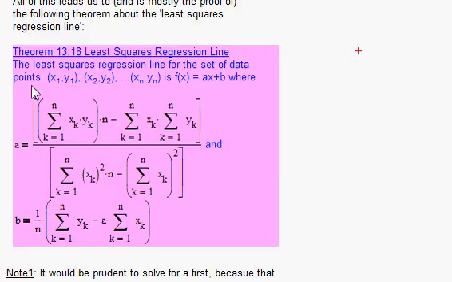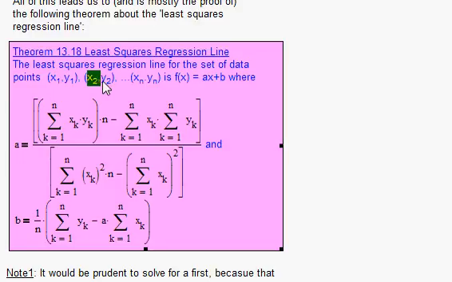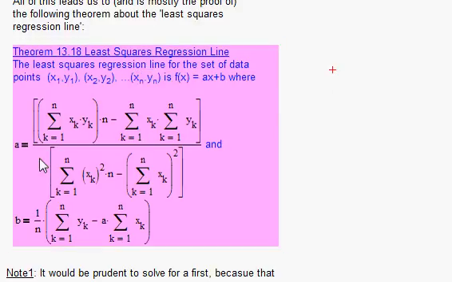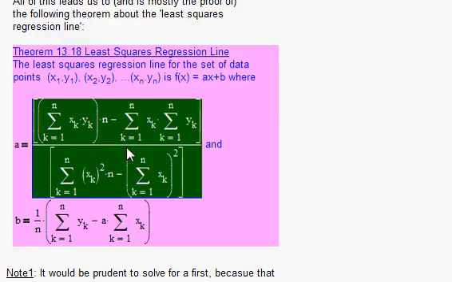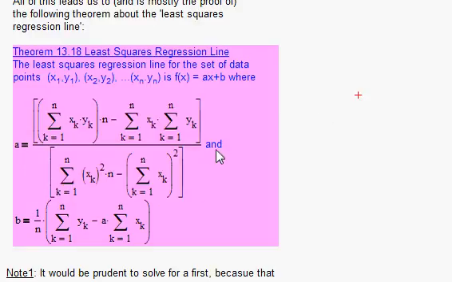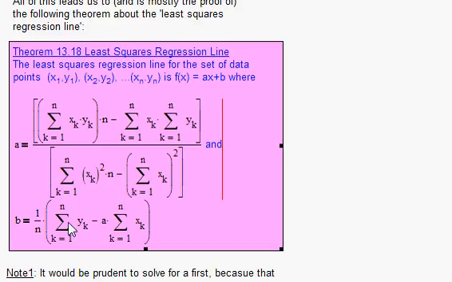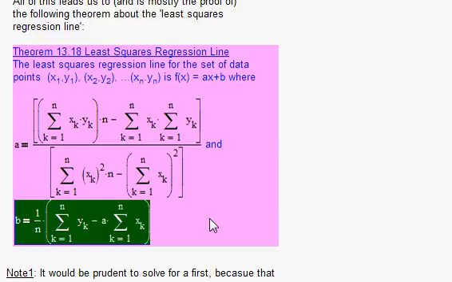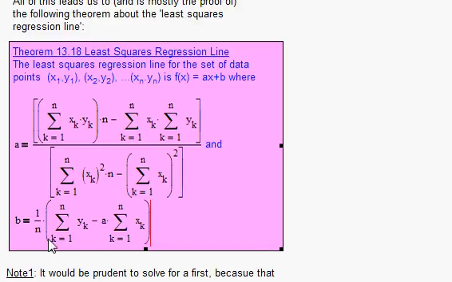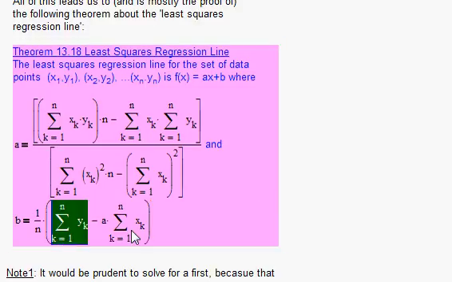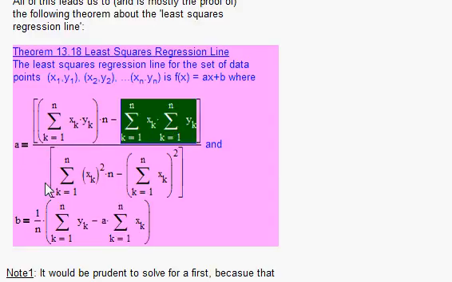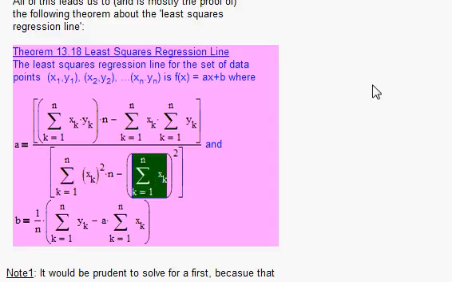The least squares regression line for the set of data points (x1, y1), (x2, y2), up to (xn, yn), is f of x equals ax plus b, where a is the slope, and it can be calculated by our Cramer's rule example above, and b equals, substituting that in, 1 over n times the sum, k going from 1 to n, of yk, minus a that we calculated up here, times the sum, k going from 1 to n of xk. Remembering, each one of these is just a number that can be calculated from our data points.